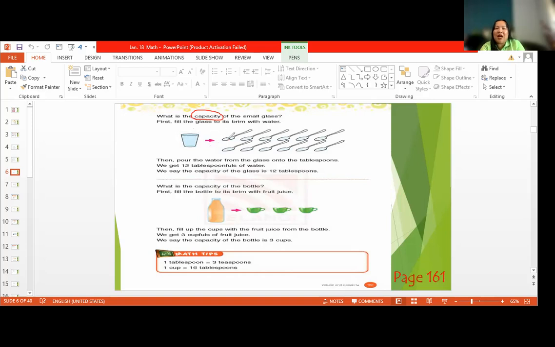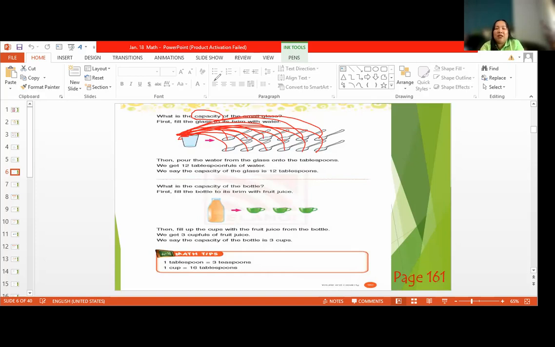So let's count. We have 1, 2, 3, 4, 5, 6, 7, 8, 9, 10, 11, 12. So how many tablespoons are there to get the glass capacity?